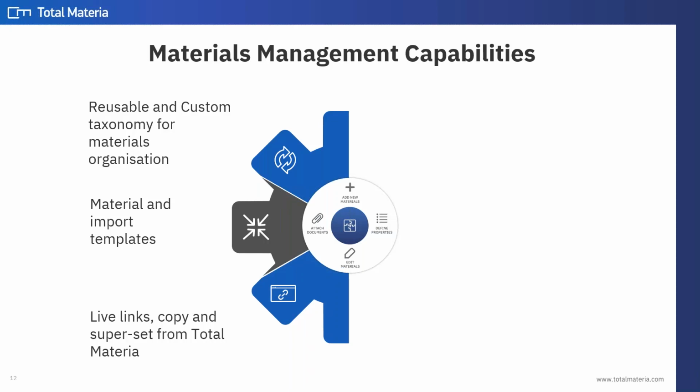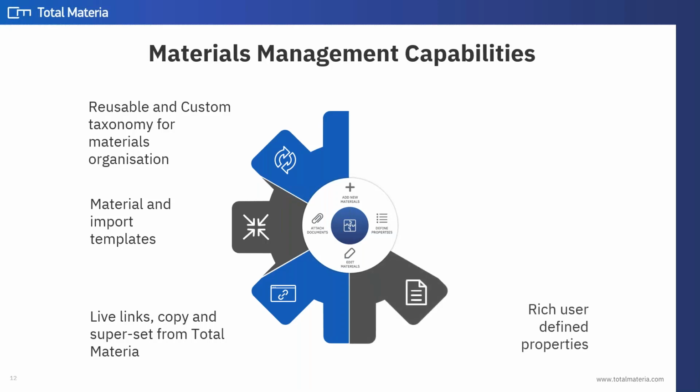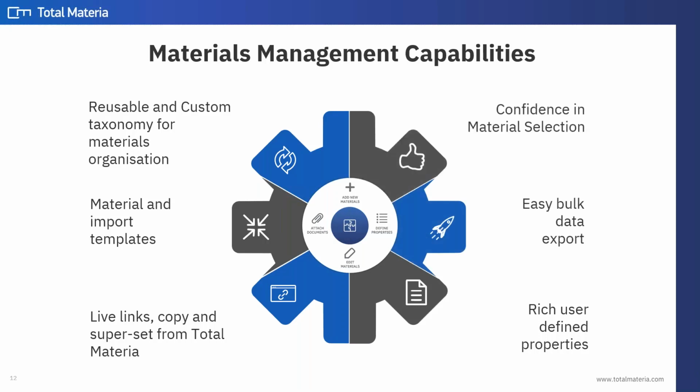You could link that to Total Materia if necessary. Richer defined user properties, easy bulk data export, and most importantly, having confidence in your material selection helps you go a long way. Most organizations don't have more than 1,000, 2,000 materials that they deal with on a day-to-day level. Having all that information in one place, being able to only see that information, could really help.